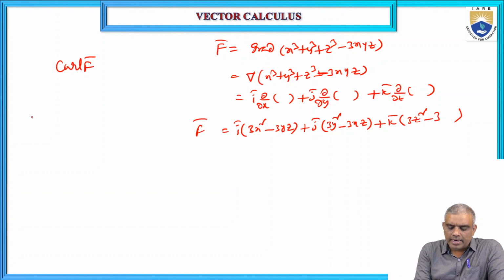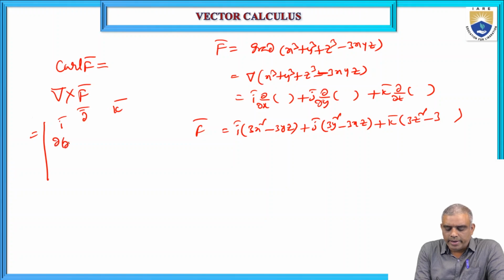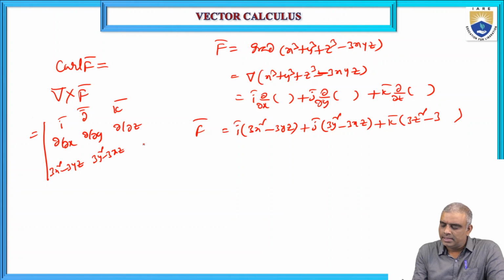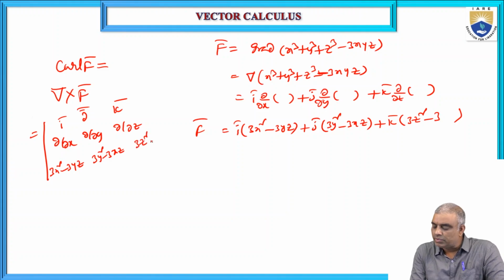Now we have to calculate curl f bar, which means del cross f bar. That is the determinant of i bar, j bar, k bar, ∂/∂x, ∂/∂y, ∂/∂z, with the i bar coefficient 3x² minus 3yz, the j bar coefficient 3y² minus 3xz, and the k bar coefficient 3z² minus 3xy.